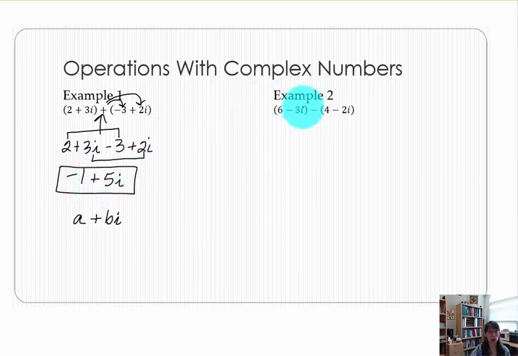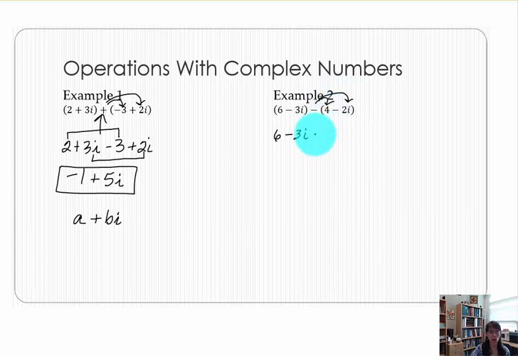In example 2, we have a quantity subtract another quantity. So the first quantity does not have any negative out in front, so we simply release those terms from the parentheses, but the negative will be distributed to each term in the quantity.